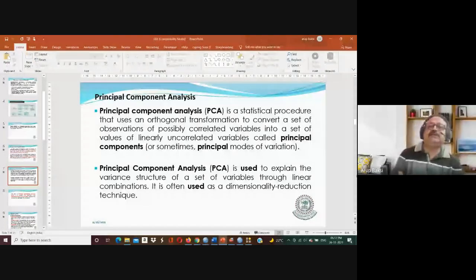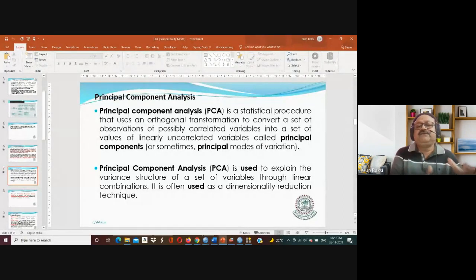So it uses an orthogonal transformation to convert a set of observations of possibly correlated variables. Try to understand what is written over here. Orthogonal transformation is used to produce a resultant group of factors which will be uncorrelated with each other.